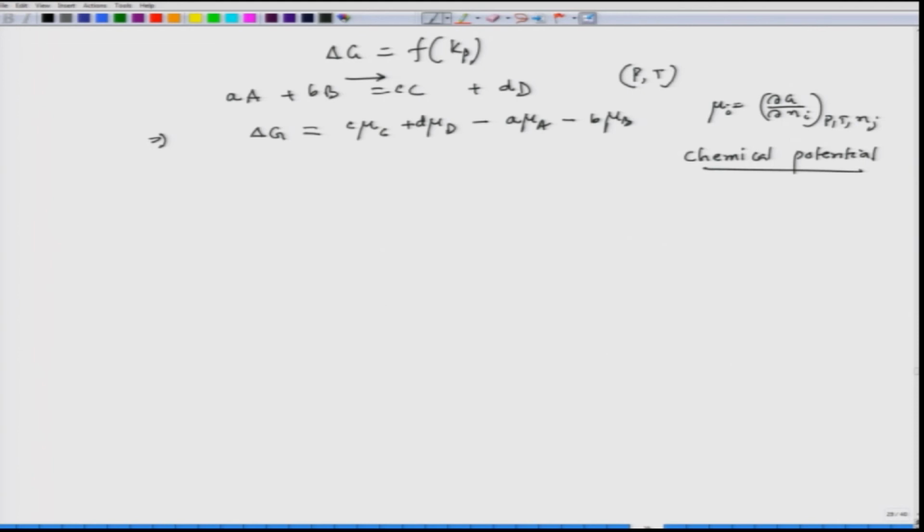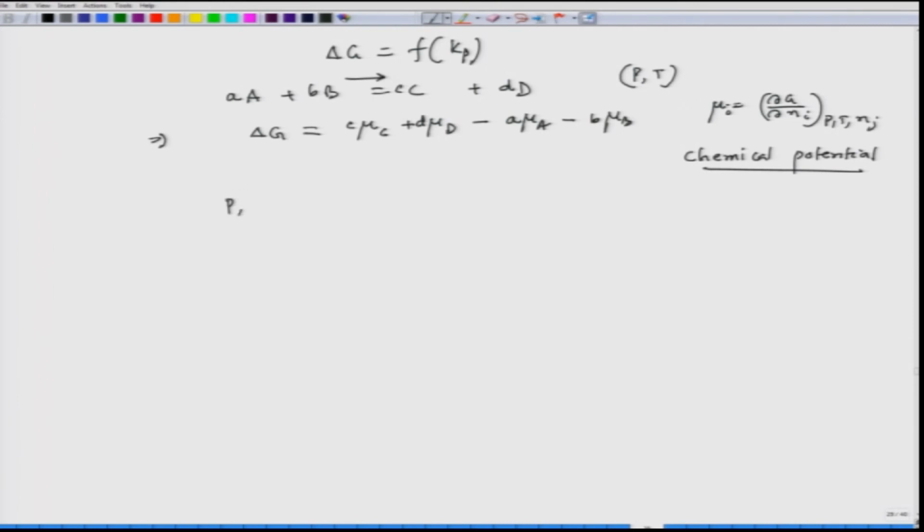Now, as we know, if there is no composition change, then we can define any thermodynamic system, rather we can define a state of a thermodynamic system, by 3 parameters and 2 independent parameters.